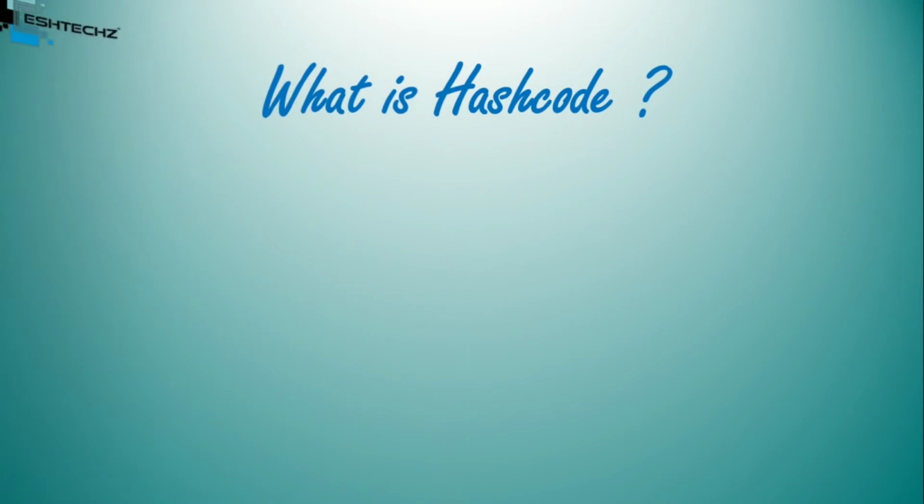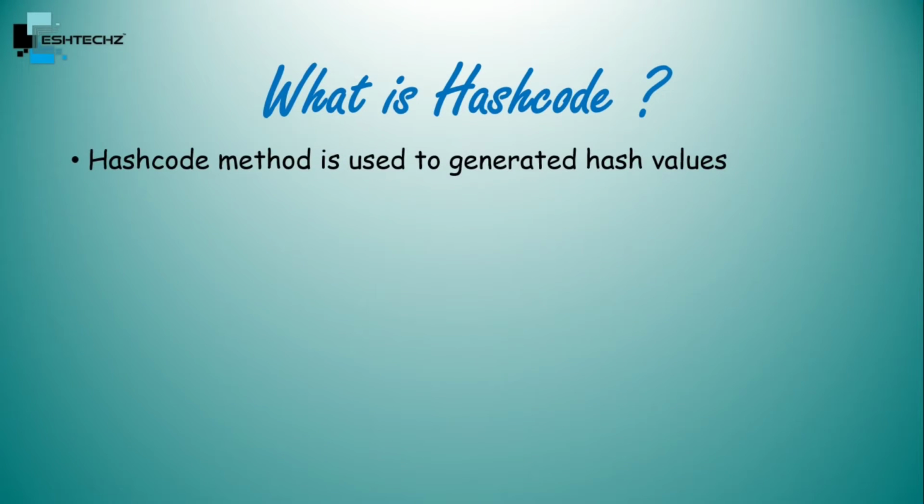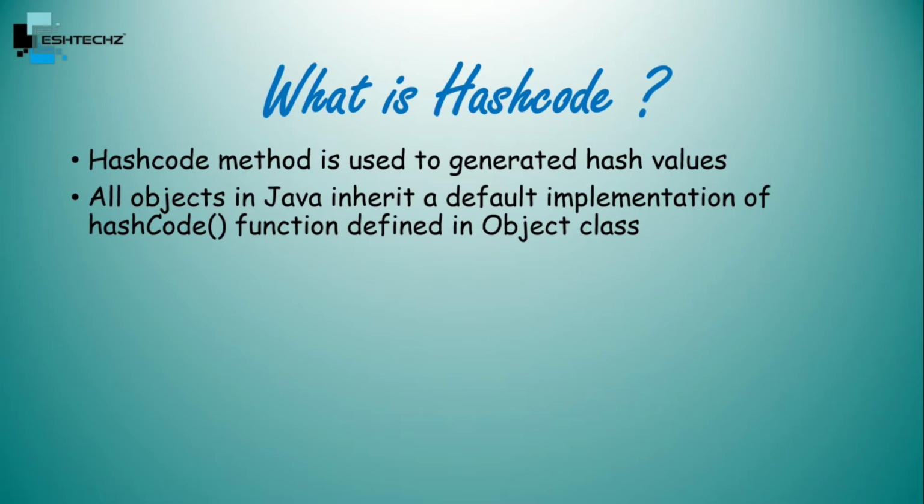So let's talk about Hashcode. Now the Hashcode method is used to generate a hash value. All the objects in Java inherit a default implementation of the Hashcode function, which is defined in the Object class. Now the Object class is the superclass of all the classes in Java, and that's why all the methods that we have in the Object class are by default inherited by the classes, and that's why a default implementation.